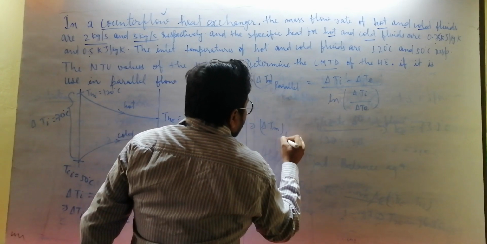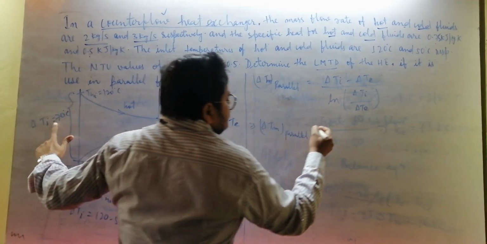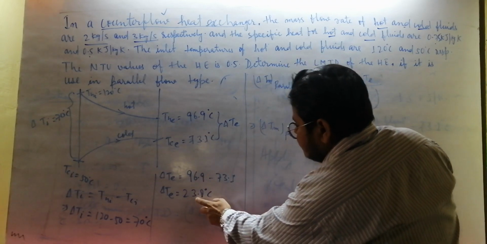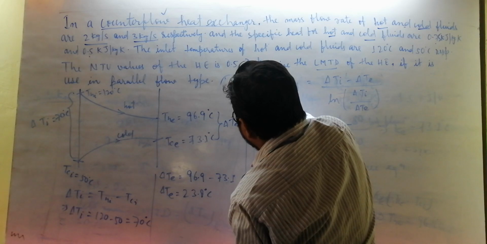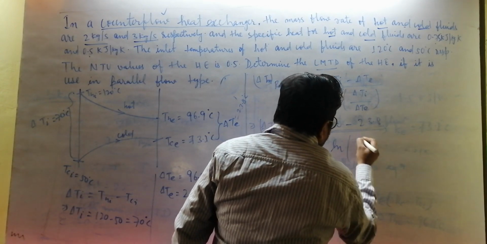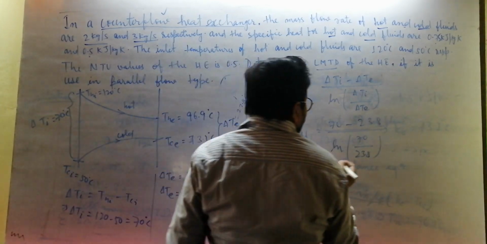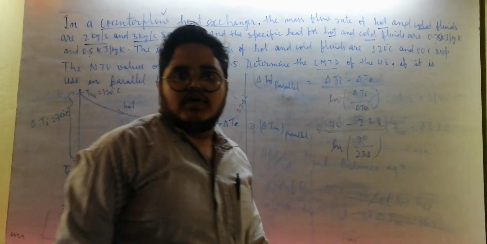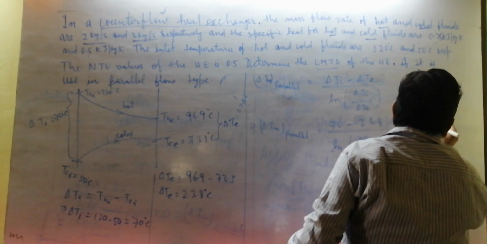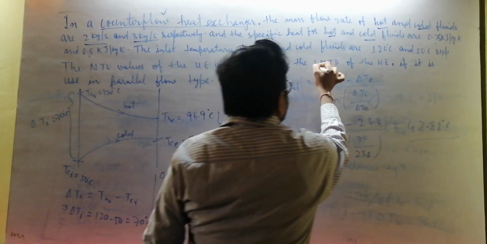Del Ti is 70 minus del Te 23.8, divided by ln of 70 by 23.8. When I calculate, this value comes to 42.82. The question is asking this.